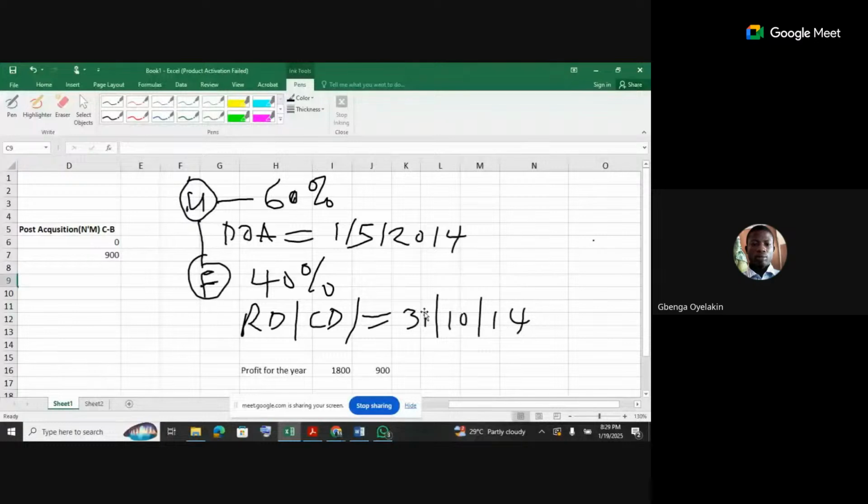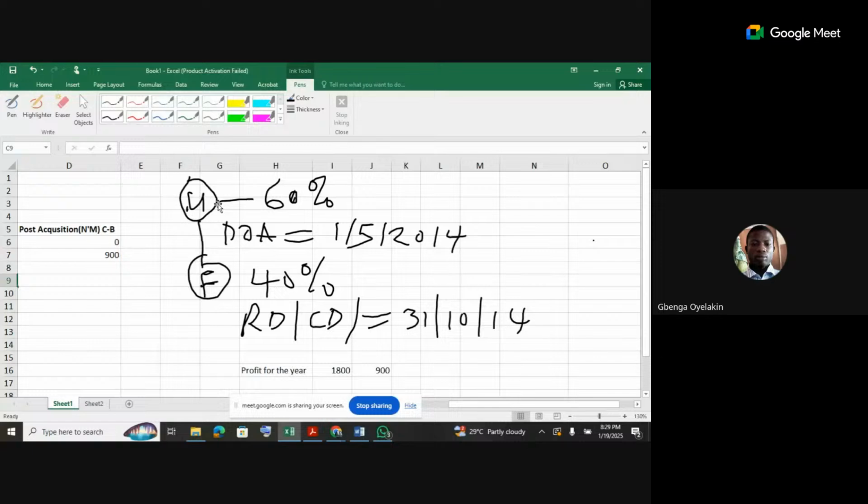So the difference between the 2 dates was discovered to be 6 months. And you said that 6 months is what we are going to use as a proration for us to be able to apportion each allocation for each of them.